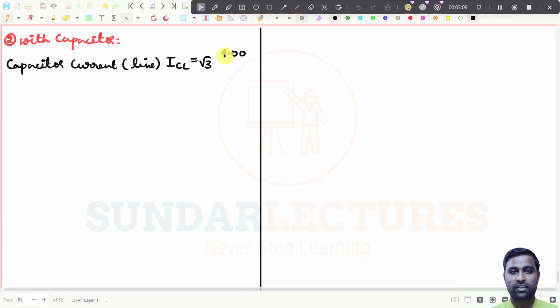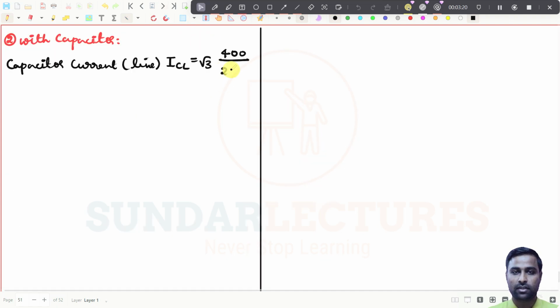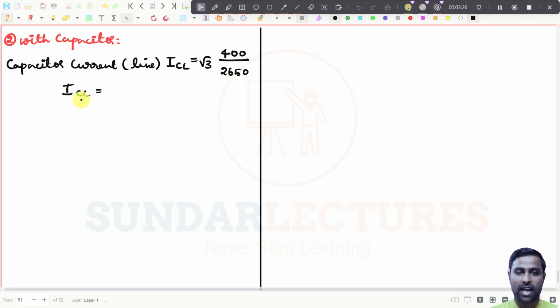So it is phase voltage divided by XC, and the value of XC is 2650. If you simplify this, the line current in the capacitor, ICL, will be 0.261 amperes.